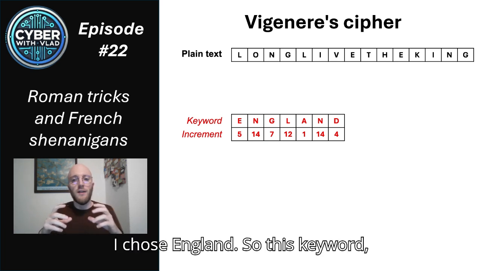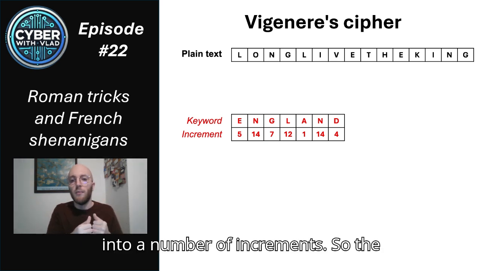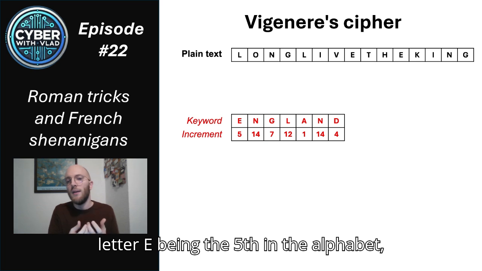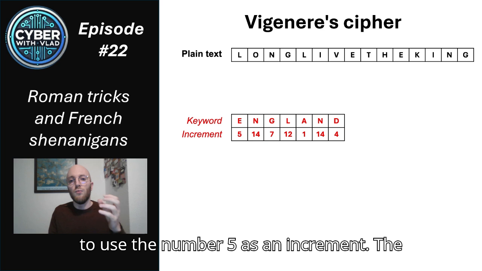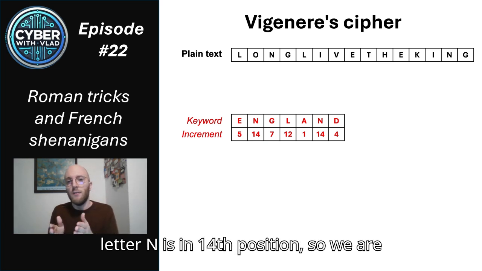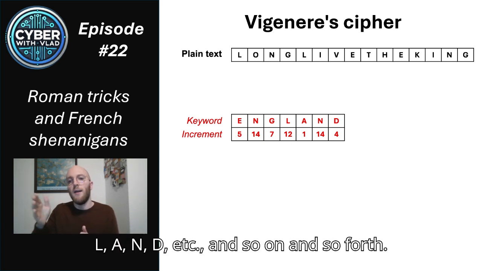So this keyword England, we are going to derive into a number of increments. The letter E being the fifth in the alphabet, at least the Latin alphabet, we are going to use the number 5 as an increment. The letter N is in 14th position, so we are going to use 14 increments, then G, L, A, N, D, and so on.